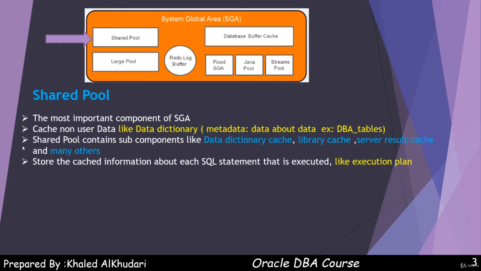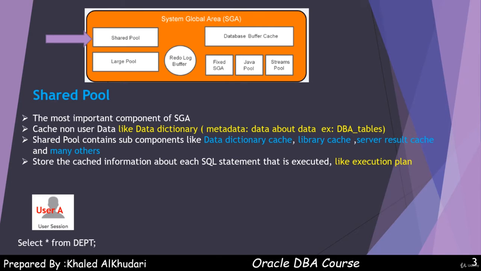Okay, very nice. Now, another task for the shared pool: storing the cached information about each SQL statement that is executed, like the execution plan. What is the meaning of execution plan? Actually, it is information about the SQL statement, like the best way for executing this select statement.